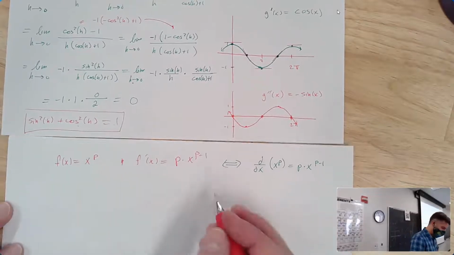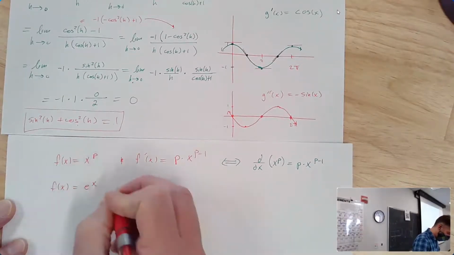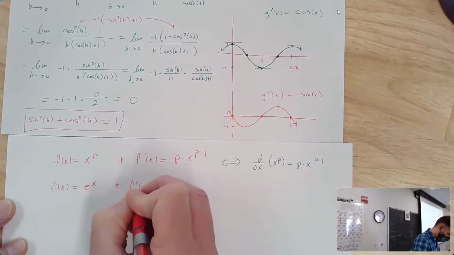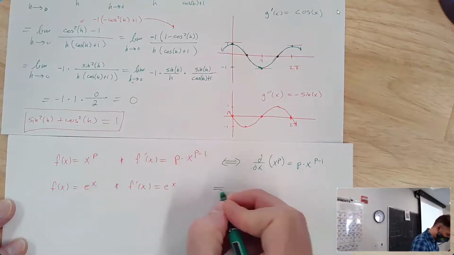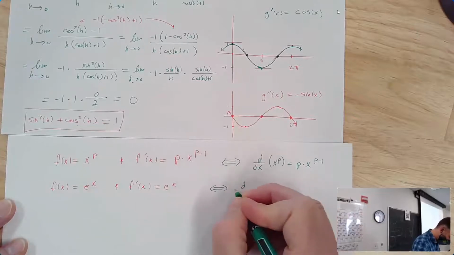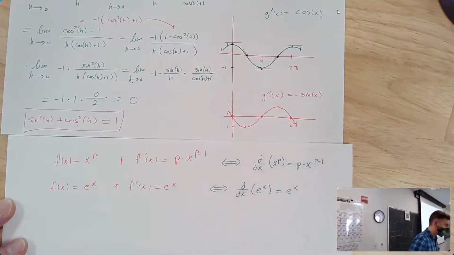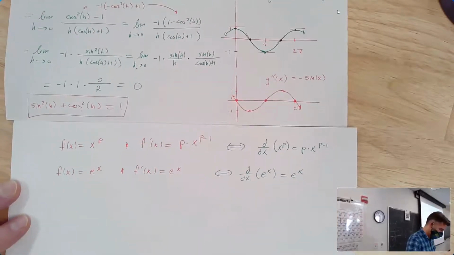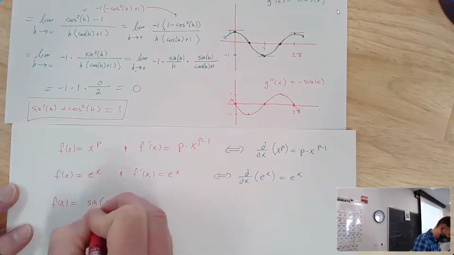So we've got this rule. We know that if our function is e to the x, the derivative is also e to the x. Or using the Leibniz notation, the derivative of e to the x equals e to the x. We also have f of x is sine of x.